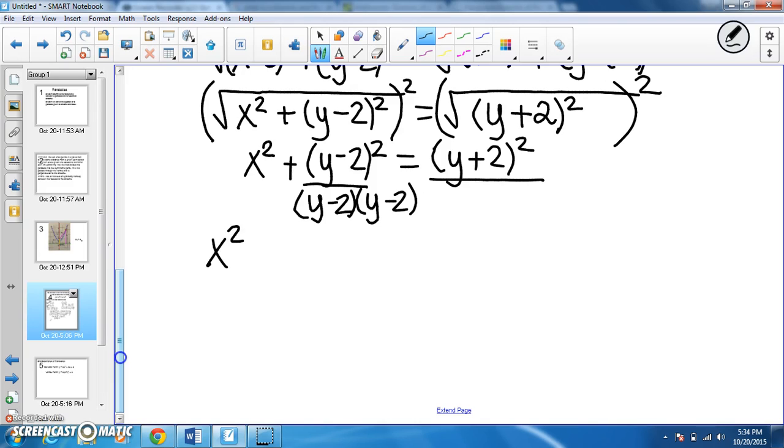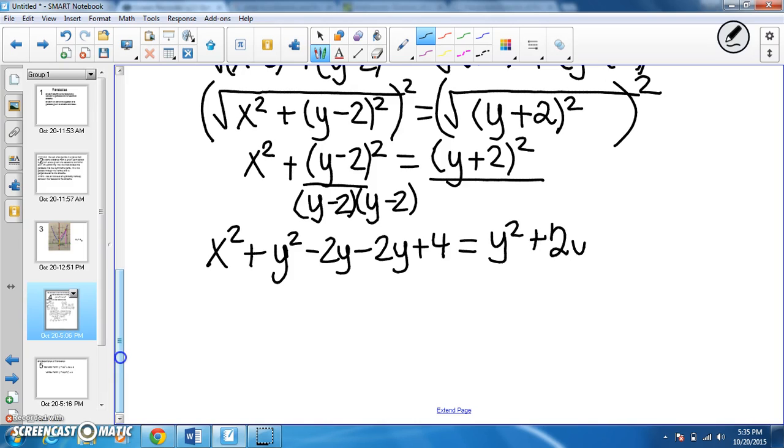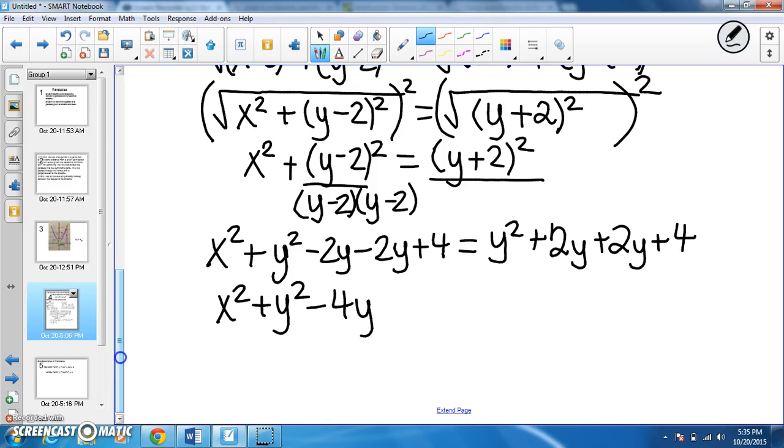So we have x squared plus y squared minus 2y minus 2y plus 4 is equal to y squared plus 2y plus 2y plus 4. Combine like terms. We have x squared plus y squared minus 4y plus 4 is equal to y squared plus 4y plus 4.